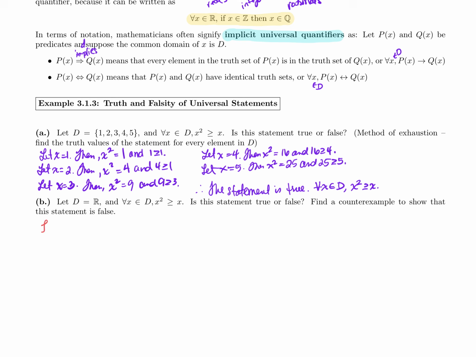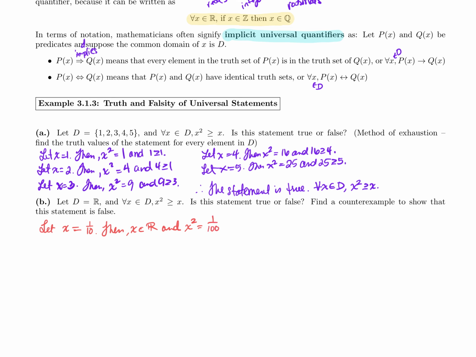So if we stick with 1/10 maybe, let x equal 1/10. Then x is a real number, and x squared is 1/10 times 1/10, which is 1/100.